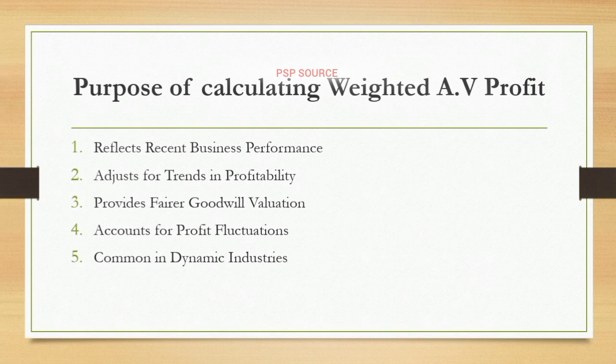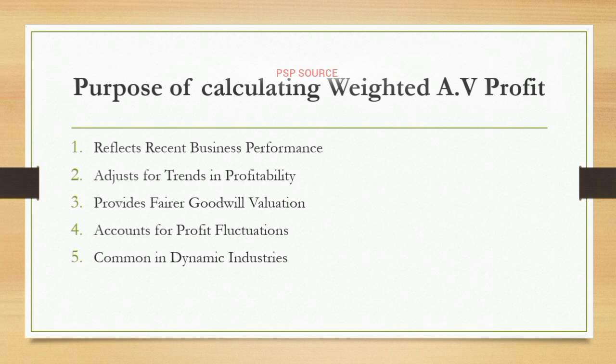The third is to provide fair goodwill valuation, which means it gives a more realistic value of goodwill and avoids over and undervaluation. Hence, the weighted average helps the buyer or seller when merging or buying and selling. The fourth purpose is accounting for profit fluctuations.